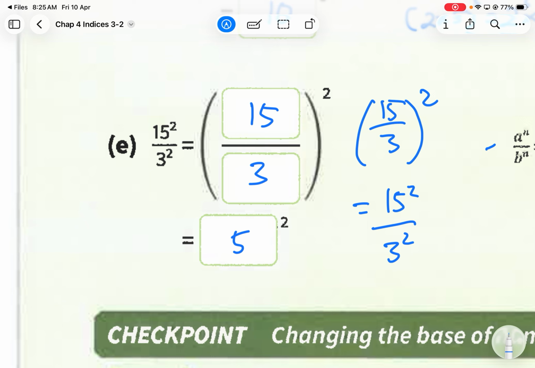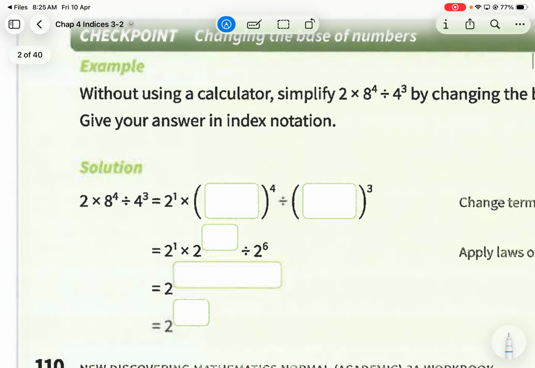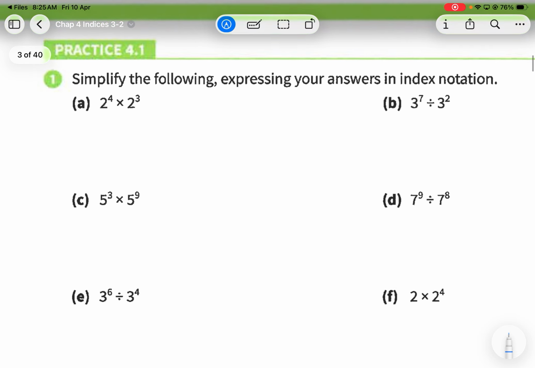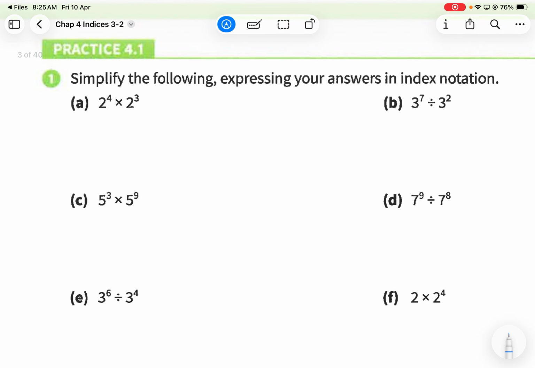The questions. Okay, following so far? Then let us look at how the questions will be asked. Expressing your answer in index notation means they don't want me to press calculator to give out the full number.